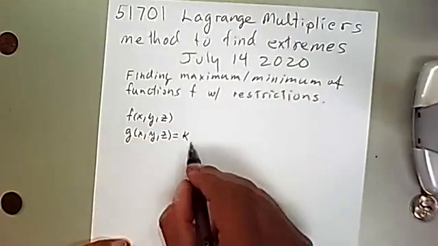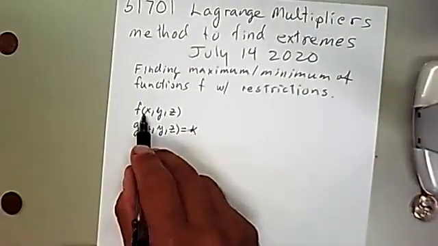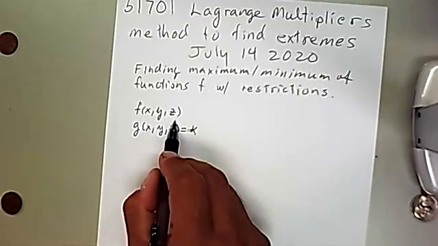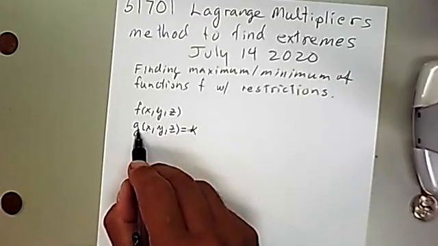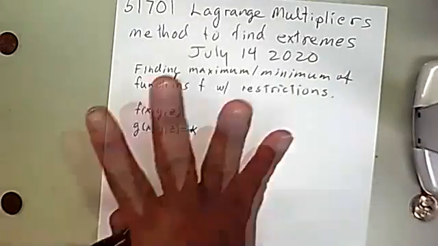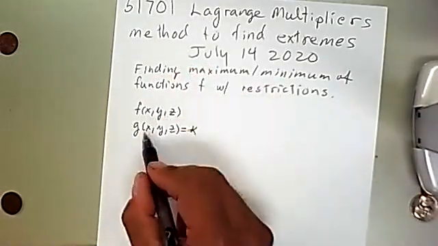So that's one scenario we could have where we have to optimize a fourth variable. Remember, x, y, and z will be, in this case, independent variables. And so f, being a function of 3 variables, will be the fourth variable. So we want to optimize a fourth variable under this restriction.